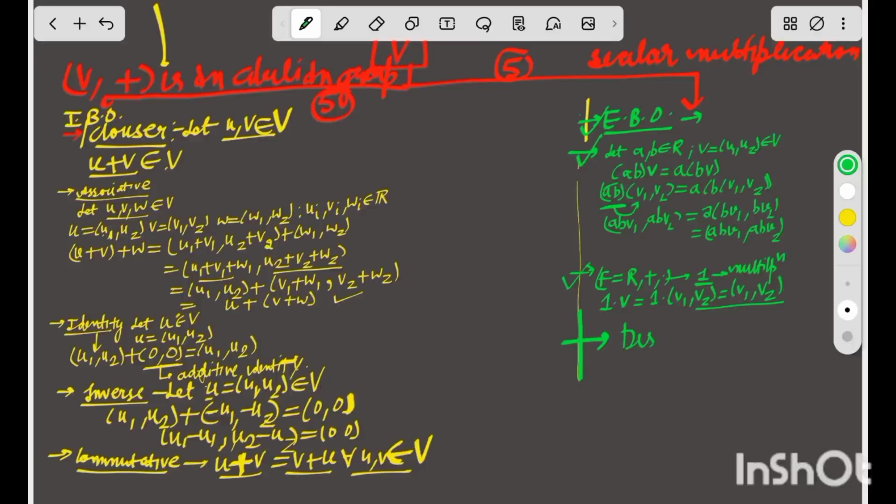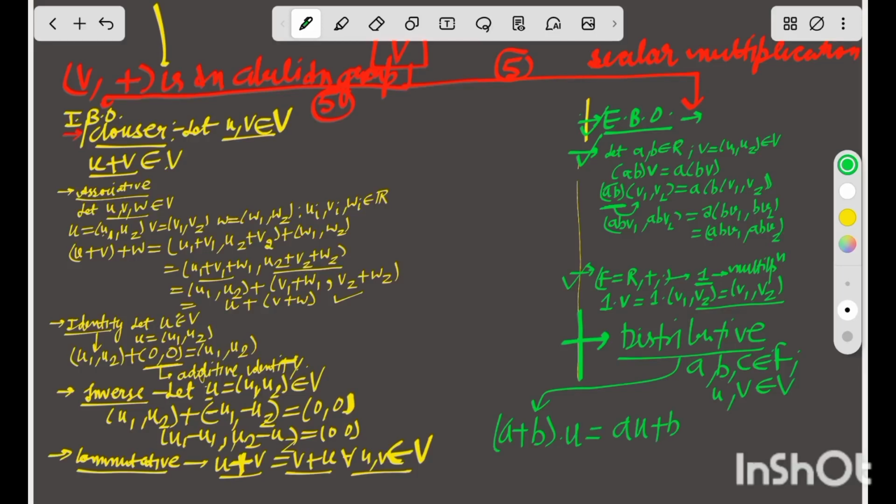Next is the distributive property. Let A, B and C be any elements of the field, and U and V be elements of the vector space V. We have to check whether (A plus B) of U is equal to AU plus BU, and also A of (U plus V) is equal to AU plus AV.